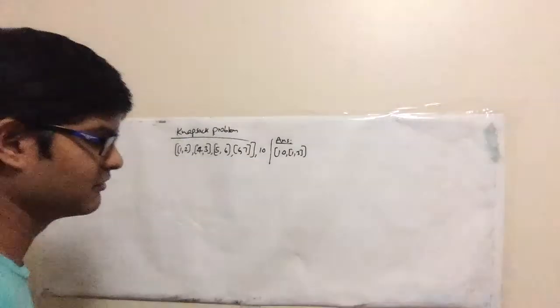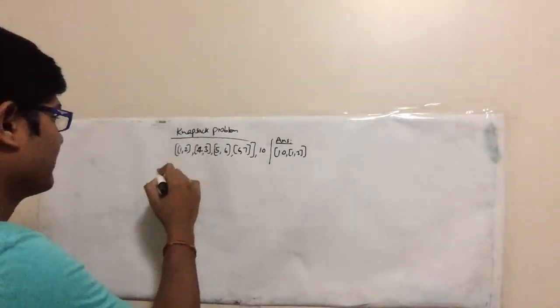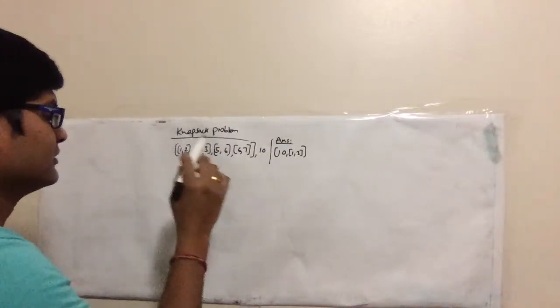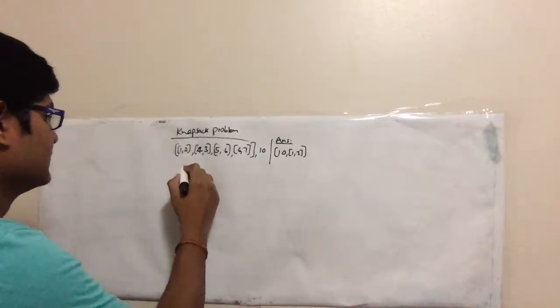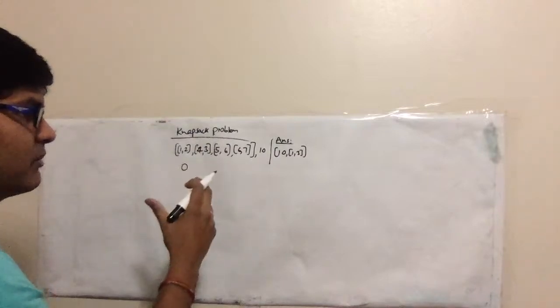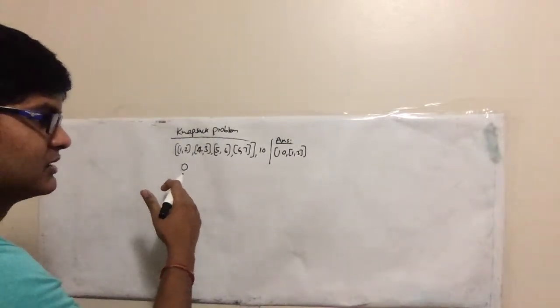Okay, so how to deal with this problem? As usual, this is a dynamic programming problem, and we need to take smaller chunks of this capacity. Say if we have just 0 kgs capacity of a bag, that means it cannot hold anything. I am taking this as a base case.